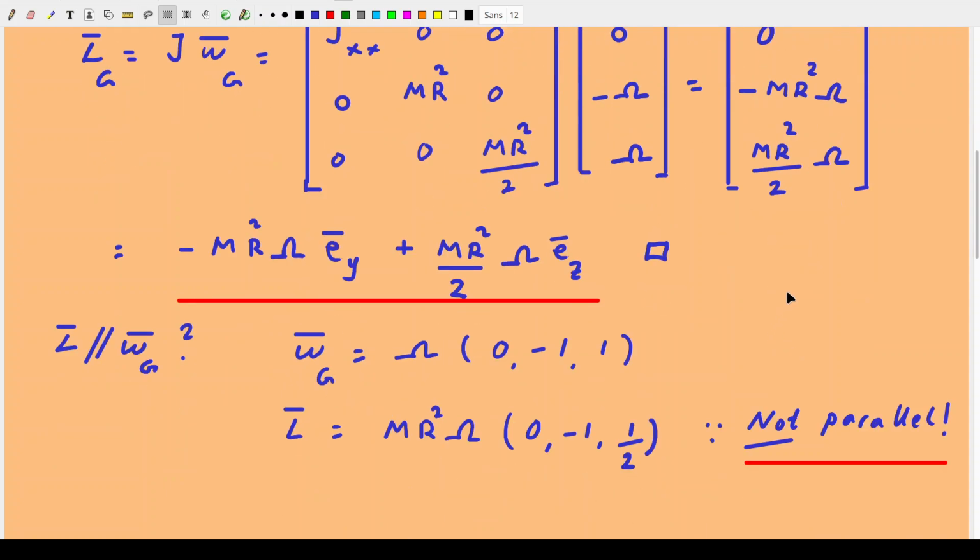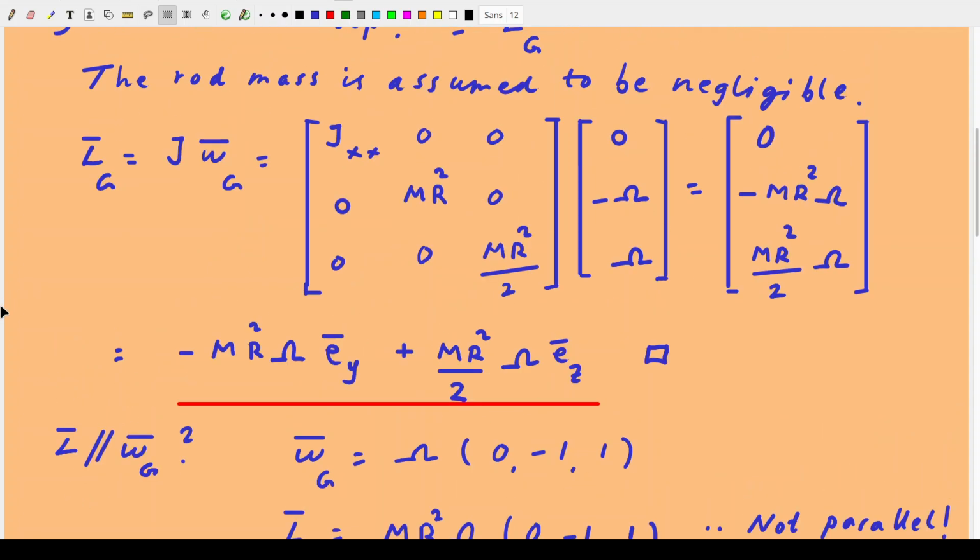And the last question is, L equals J omega. That is something we learn even in kindergarten almost. But now it's a little bit more general form because it's a vector here and not just a number, and it's a matrix here.